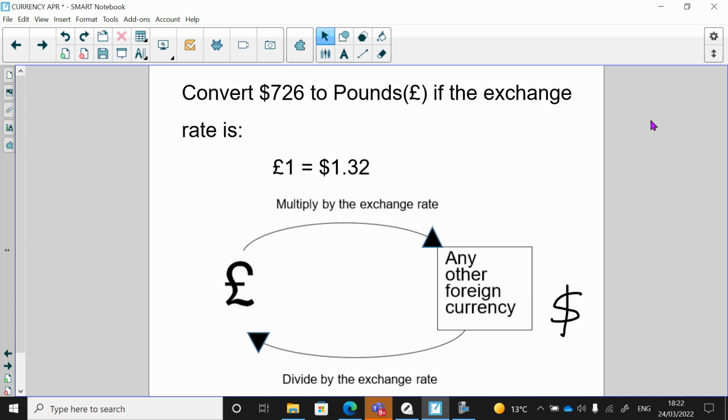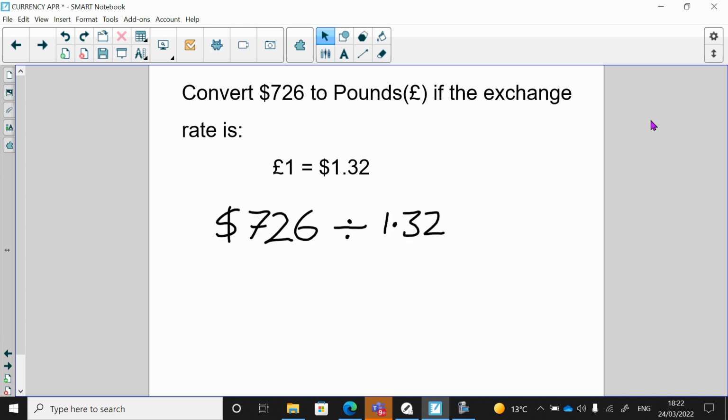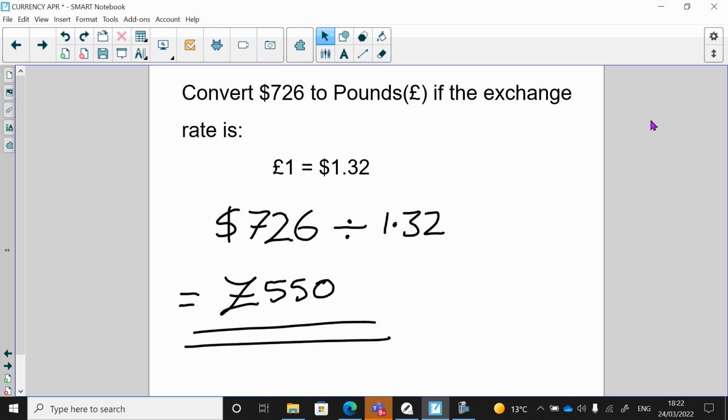So that's exactly what we're going to do here. We take the $726 and divide it by 1.32. Is it going to give me a nice answer on your calculator? Let's see. Yeah, it's giving us a nice answer. Because we're coming back from another currency to our base currency, the pound, we divide.